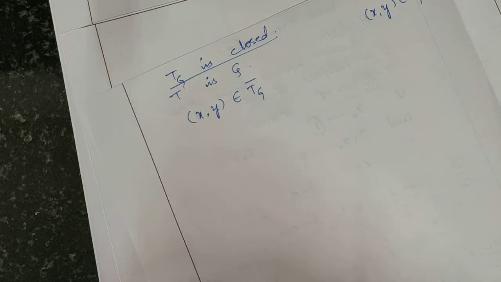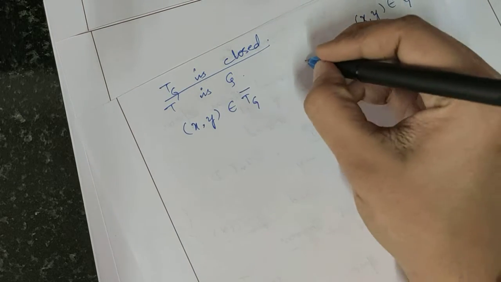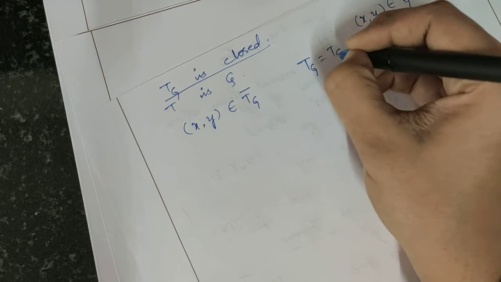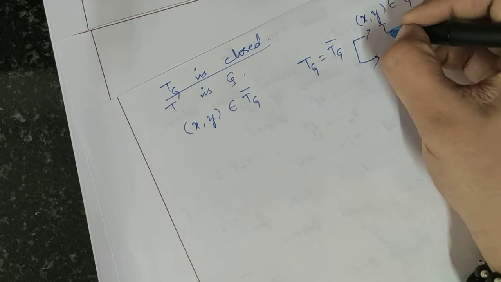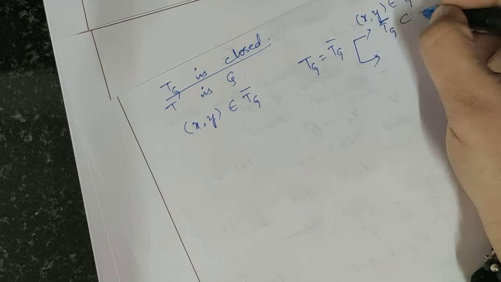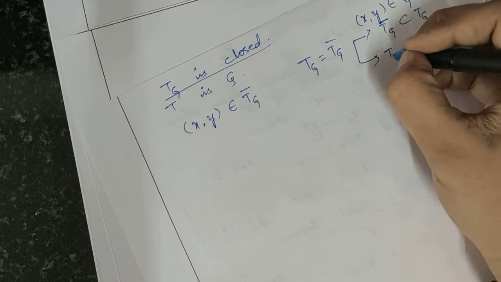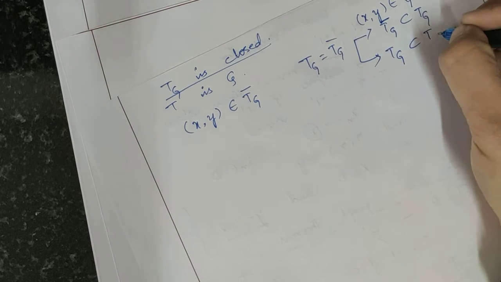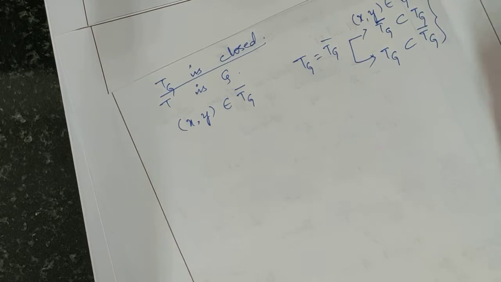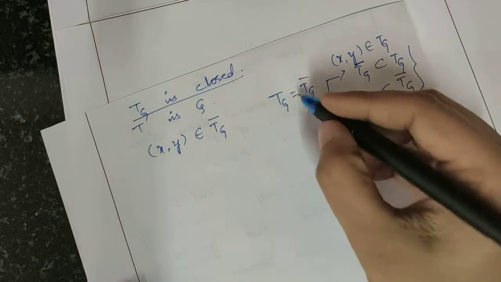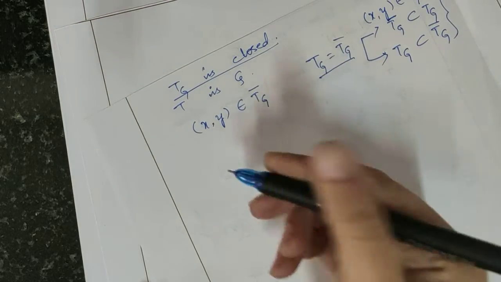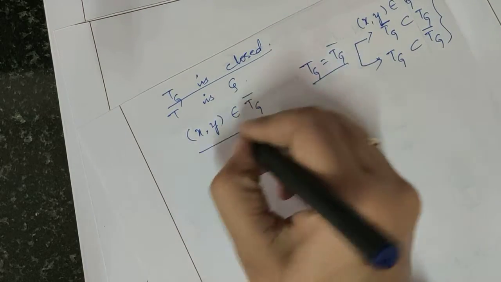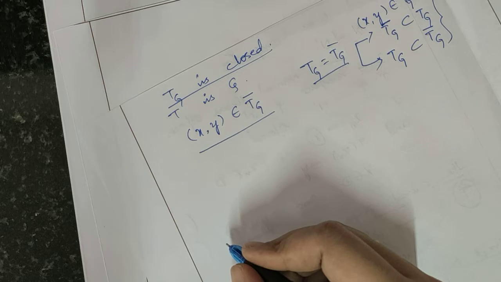Before that, in order to prove TG is equal to TG closure, I will use 2 cases. One is TG closure is a subset of TG. Another one is TG is a subset of TG closure. If these 2 conditions are true, then I can say that TG is equal to TG closure, right? So for that, we have considered x comma y belongs to TG closure.